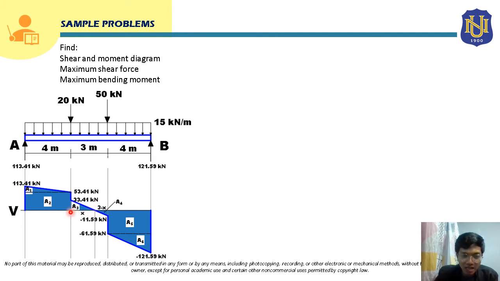So let's say this is distance x. Since this is 3 meters, the remaining distance will be 3 meters minus x. So this is 3 minus x.